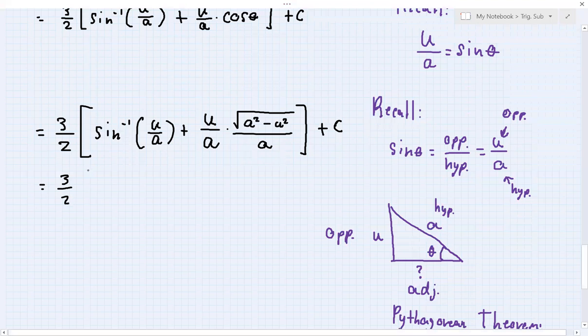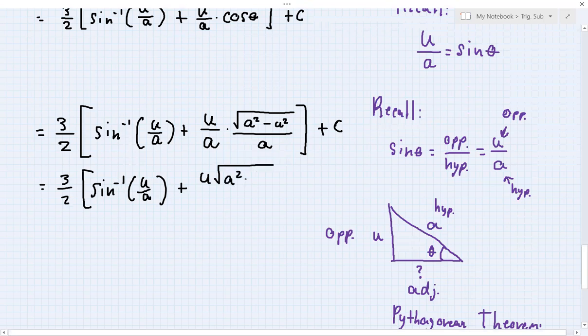So, we will have 3 halves times arcsine of U over A plus U times square root of A squared minus U squared all over A squared. So, are we done? Tapos na tayo? Hindi pa.